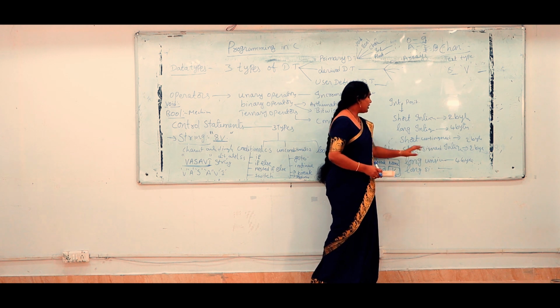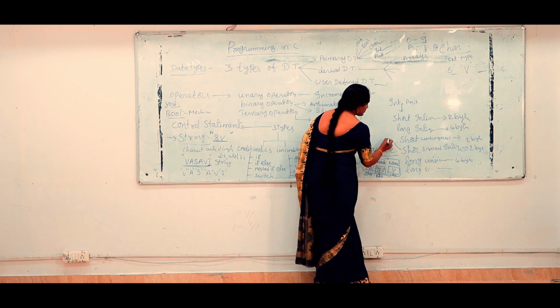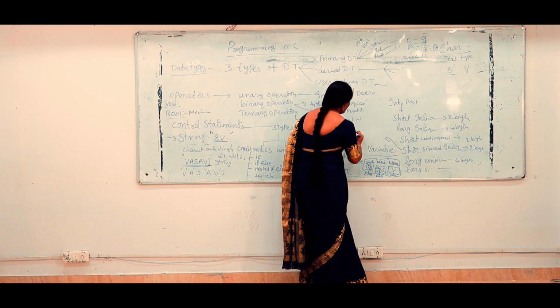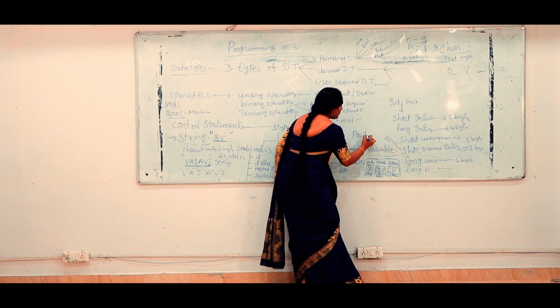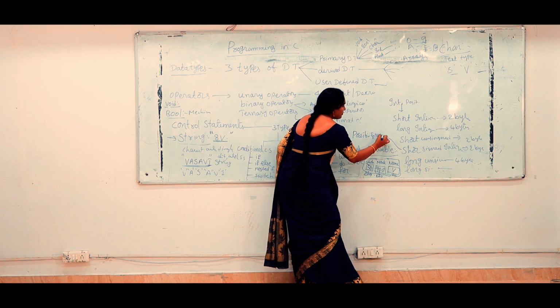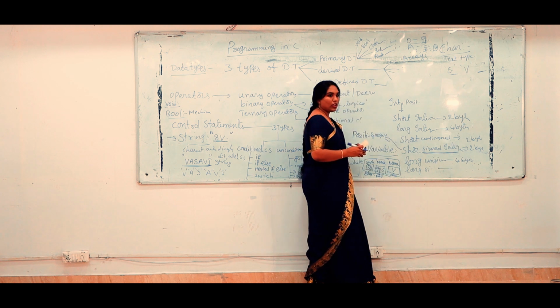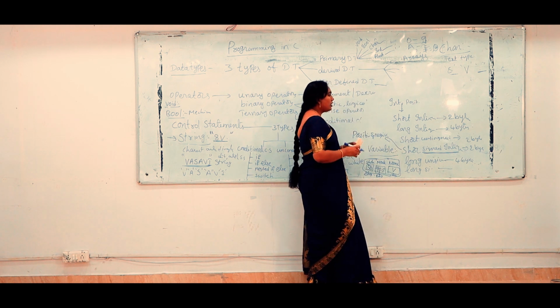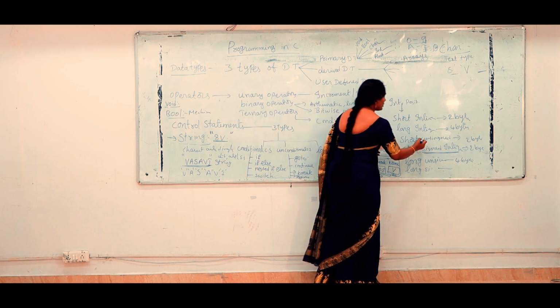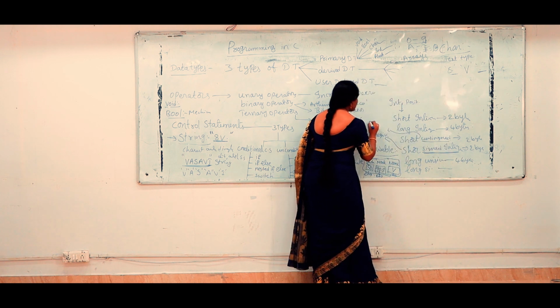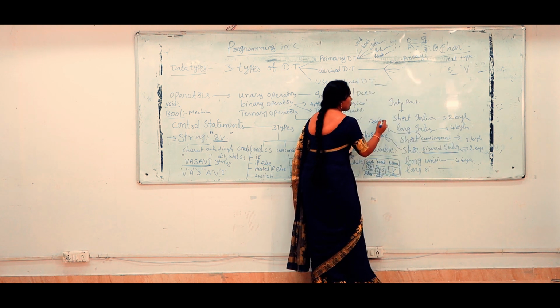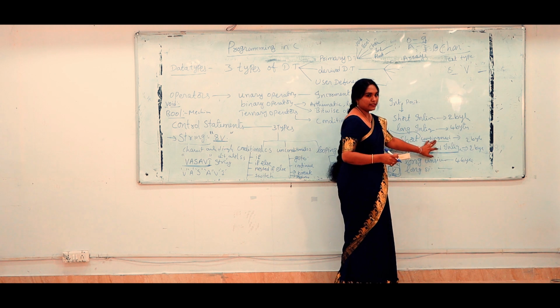We know which one has positive and negative values. That is called the signed integer. Which one has only positive values? That is called the unsigned integer.